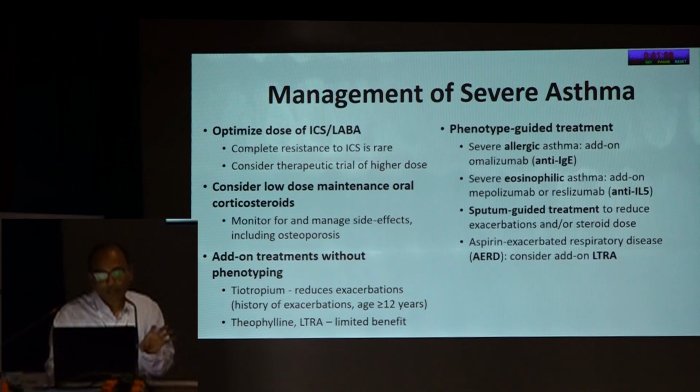Phenotype-guided treatments are available, for example, for severe allergic asthma, anti-IgE; for eosinophilic asthma, anti-interleukin 5; sputum-guided treatment; and LTRAs for aspirin-exacerbated respiratory disease. So these are the options which you will need in a very small number of patients. People in the front row will probably need it, but for the rest of the major audience that we have today, the talk is more or less done.